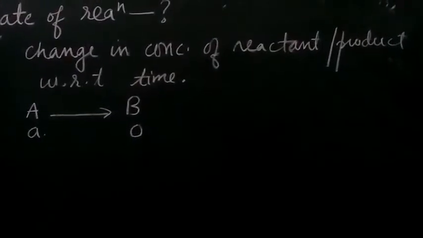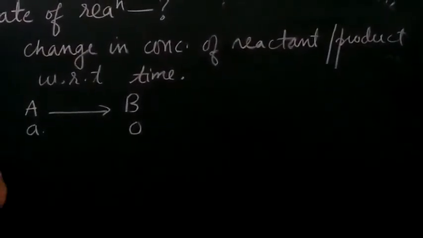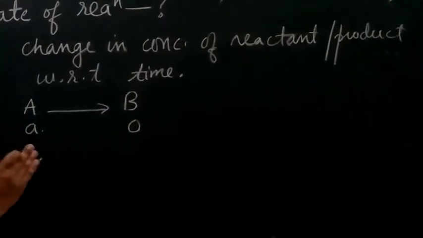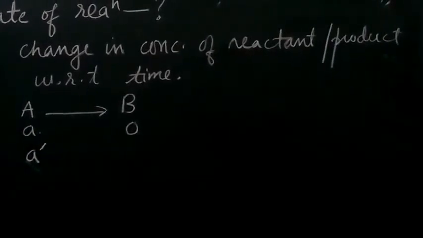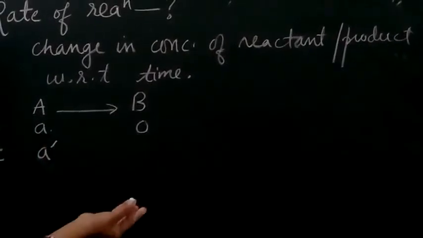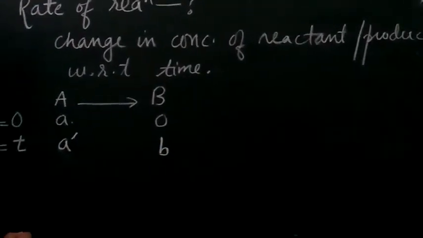Now when time t seconds has passed, let the concentration of A be reduced to A dash. Now why am I using the word reduced? Because the reactant will be consumed and the product is going to be formed. Let B be the part that has been formed, right?